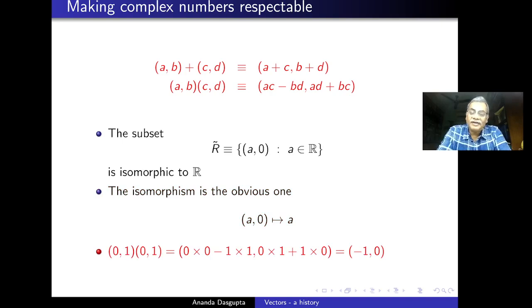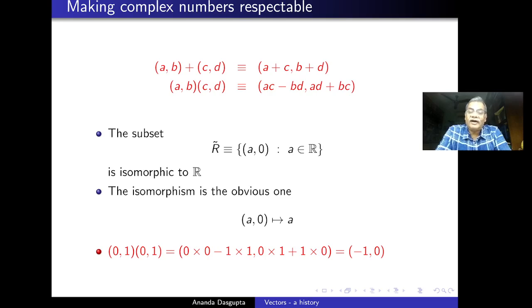Now, what is important is that if you take another kind of number, another pair, 0, 1, and multiply it by 0, 1 according to this rule, it is going to be 0 times 0 minus 1 times 1, 0 times 1 plus 1 times 0, which is minus 1, 0.